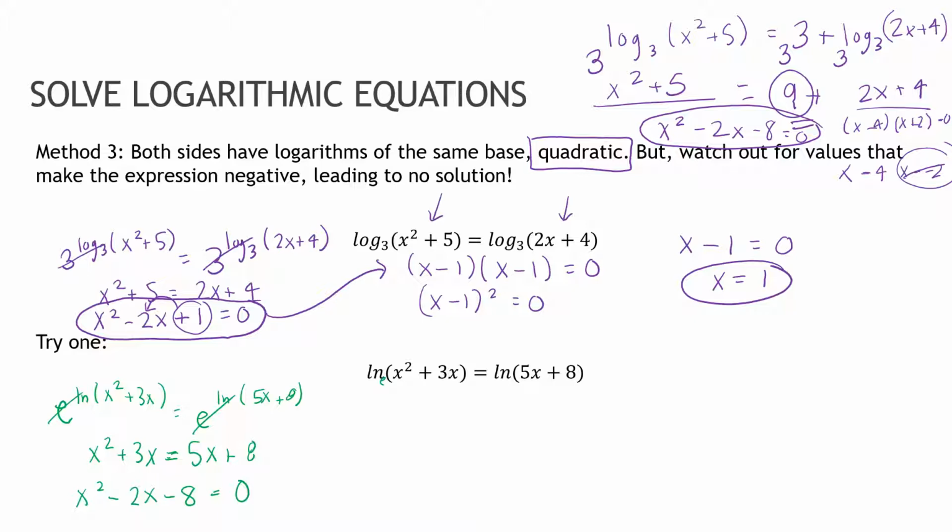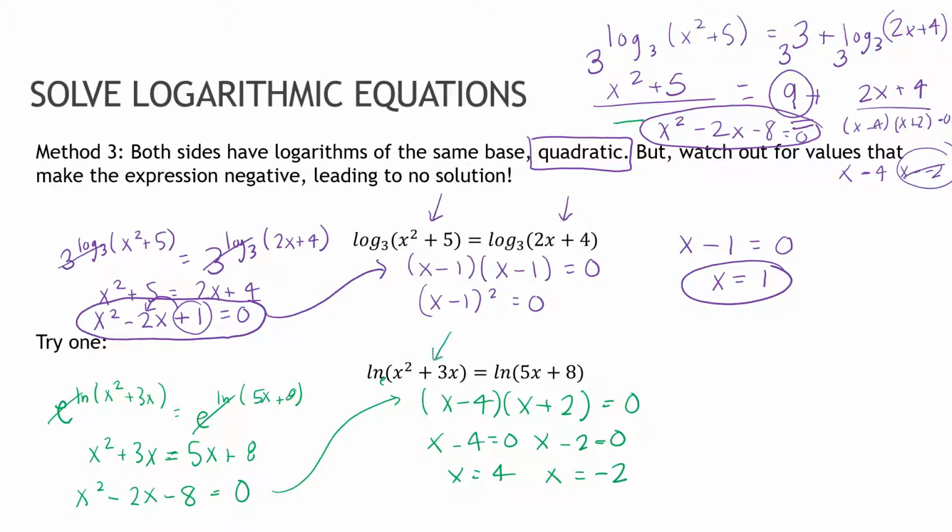And gosh, it looks exactly the same as what happened up here. So we already know how to factor. Numbers that multiply to negative 8 that have a difference of negative 2 would be x minus 4, x plus 2. I would set each of those equal to 0. And I would get x is positive 4, x is negative 2.